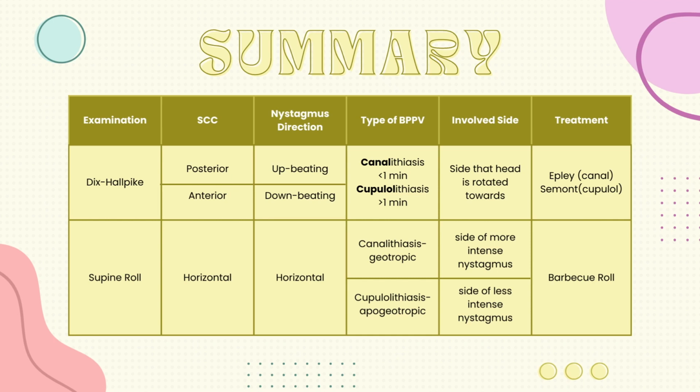This is really dependent on the side the head is rotated towards for Dix-Hallpike, but for supine roll, you're going to have to look at the side of more intense versus less intense nystagmus. And the 3 treatment maneuvers we talked about today were Epley, Semont, and barbecue roll.